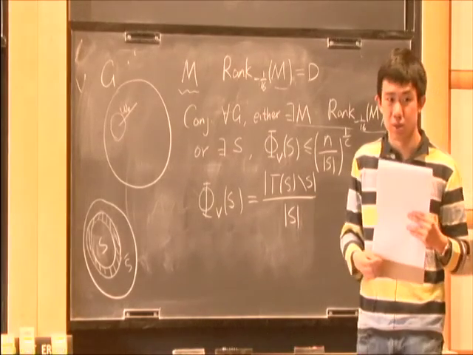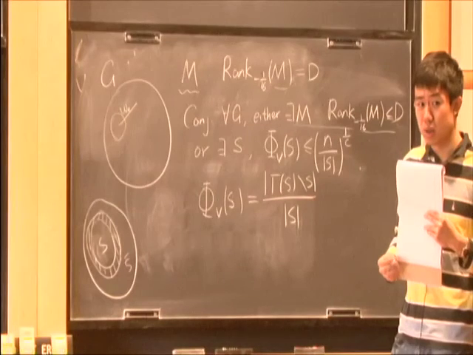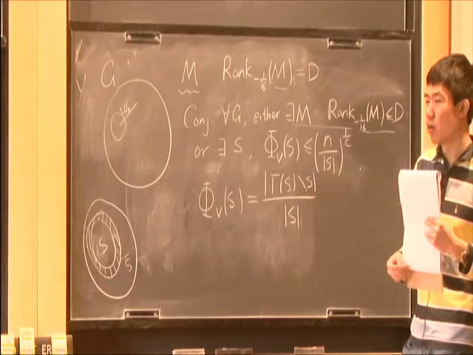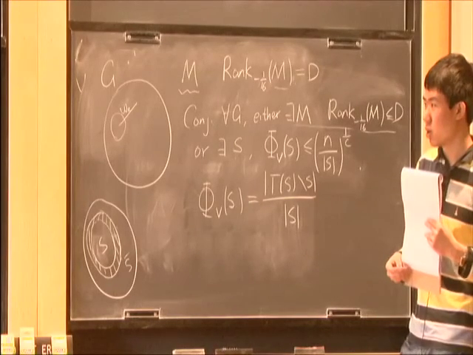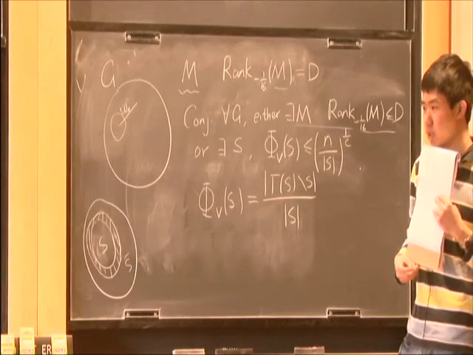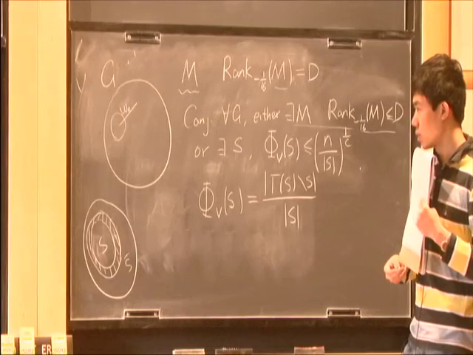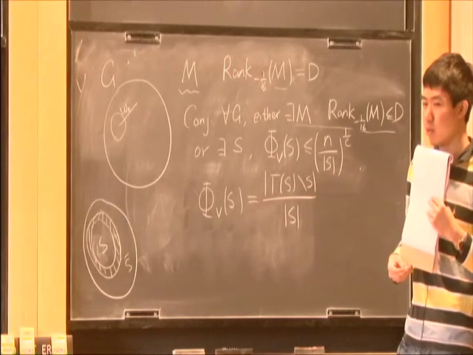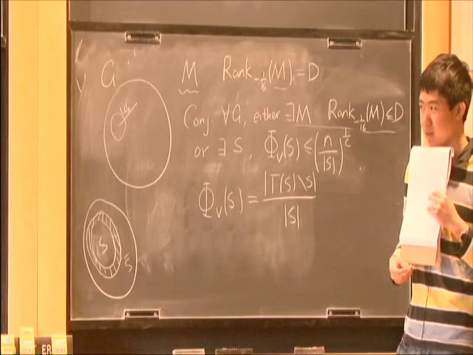Two questions. One, when threshold rank is low, does eigenspace enumeration give you anything at all? When threshold rank is low, eigenspace enumeration gives you, but what do you expect by eigenvalue enumeration?